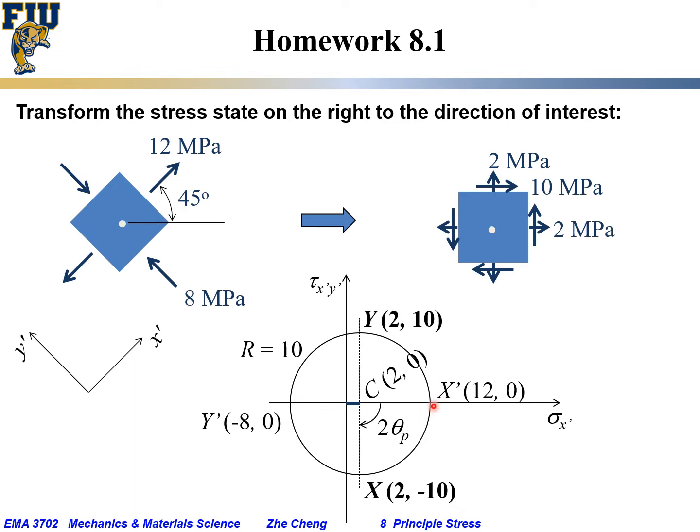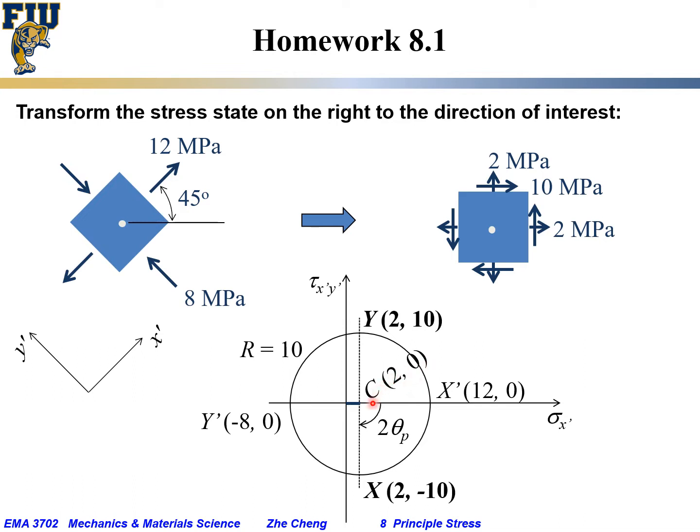When you connect x prime and y prime, the line should go through the center of the Mohr circle, and the center should be on the horizontal, normal stress axis. So where is the center? This is 12, this is negative 8, and the average is 12 plus negative 8, which is 4, divided by 2, so it will be 2, and of course the vertical is 0.